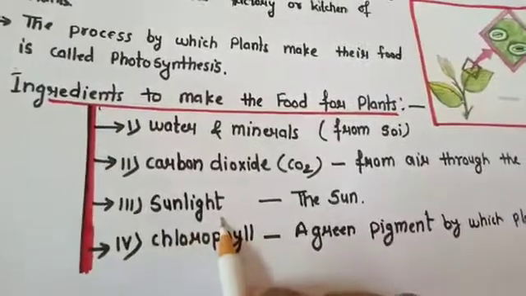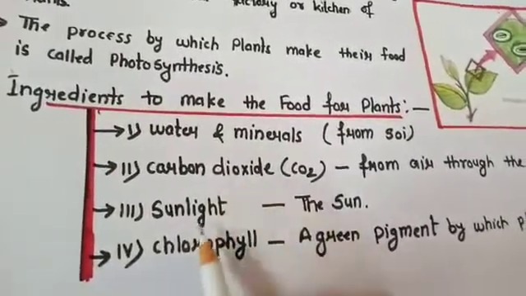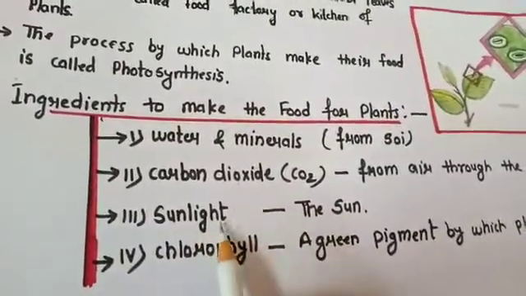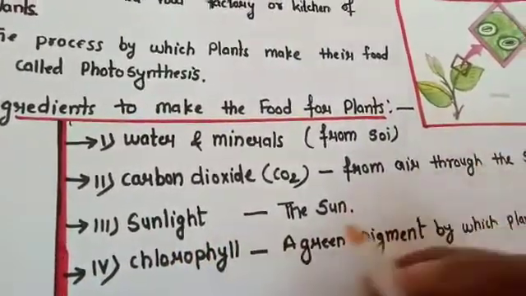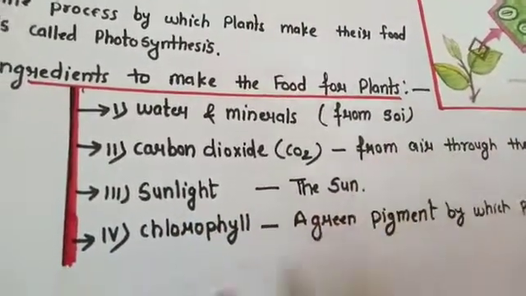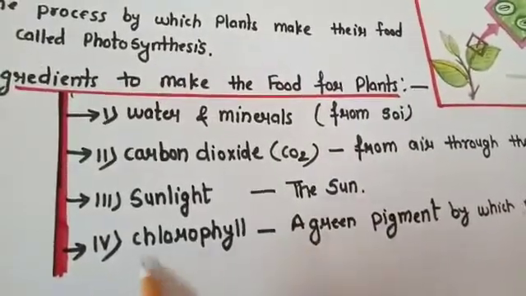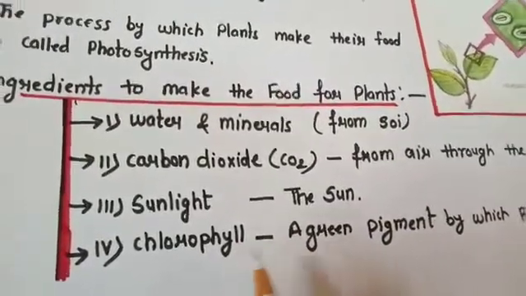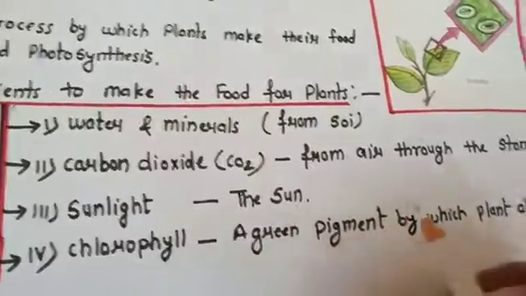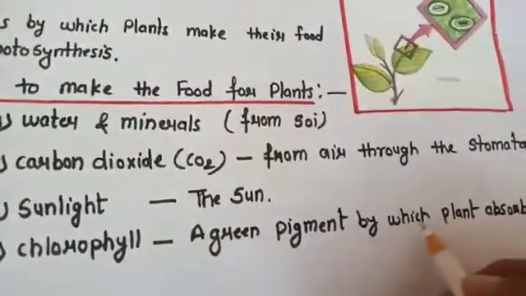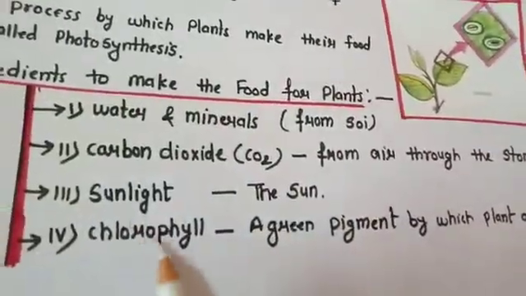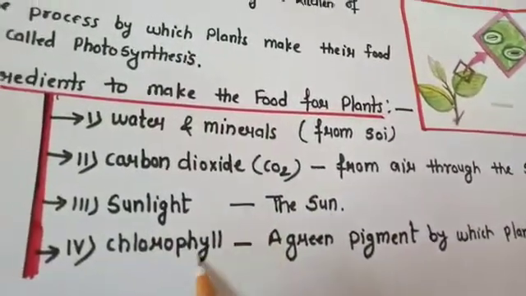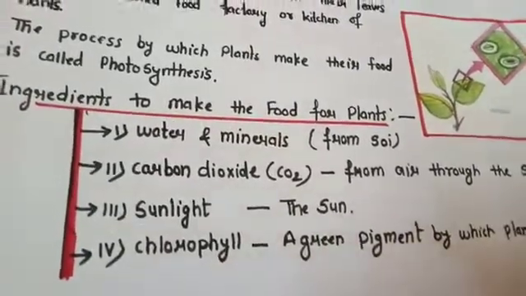Now sunlight is also a very important ingredient, and sunlight comes from the sun. Now the other ingredient is chlorophyll, and chlorophyll is a green pigment by which the plant absorbs the sunlight. So chlorophyll is also very important for the process of photosynthesis.